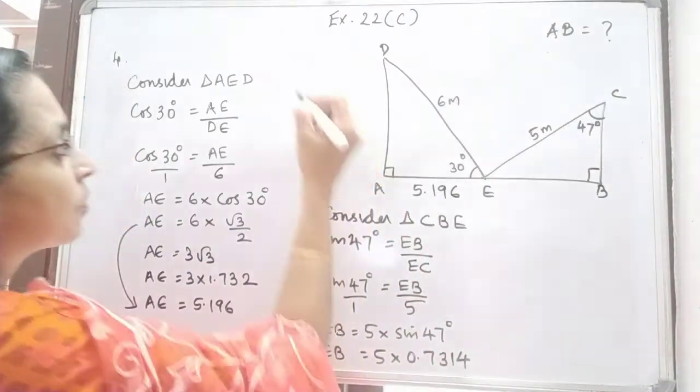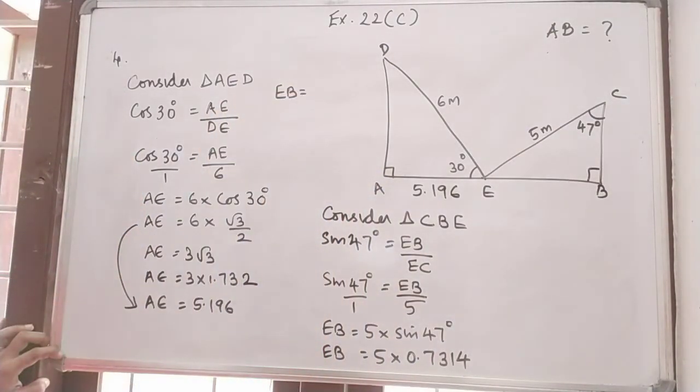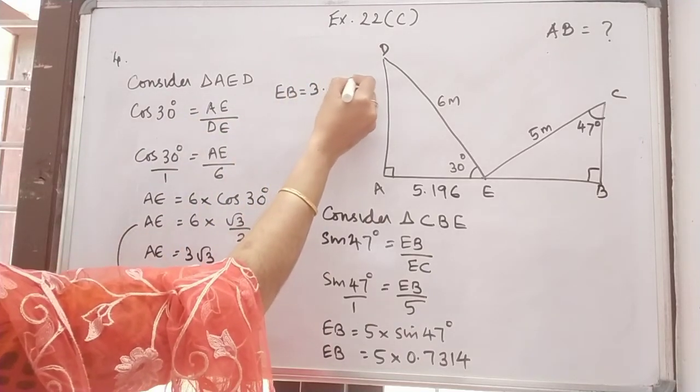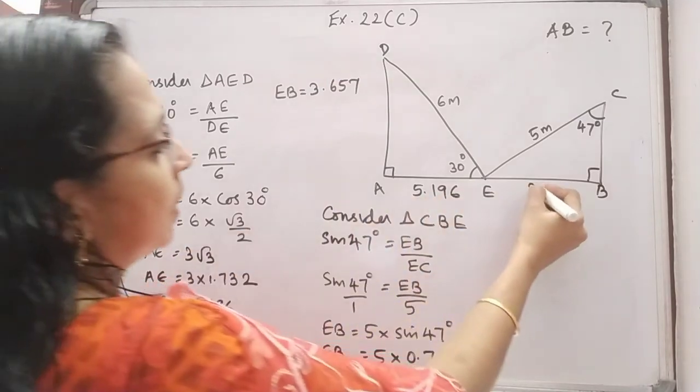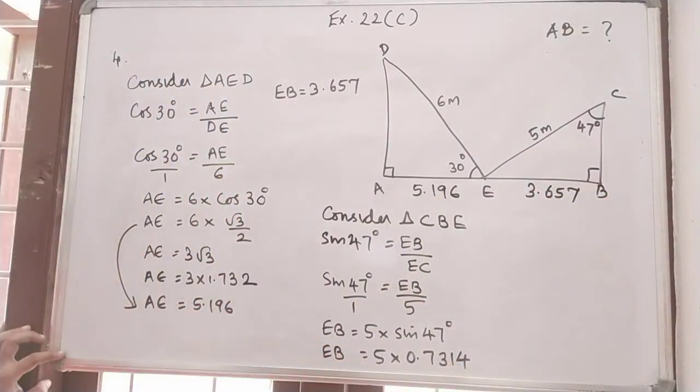So EB is equal to 5 into 0.7314, which is 3.657. So what will be AB?